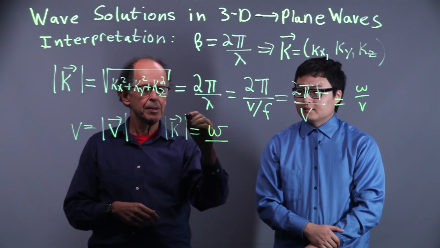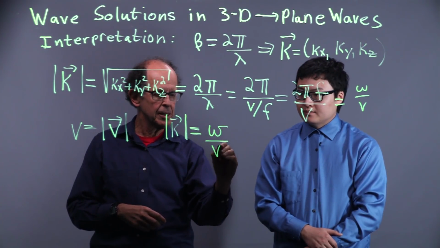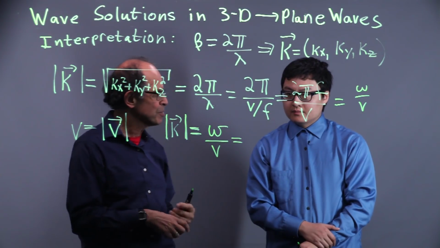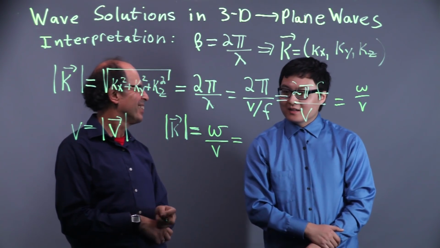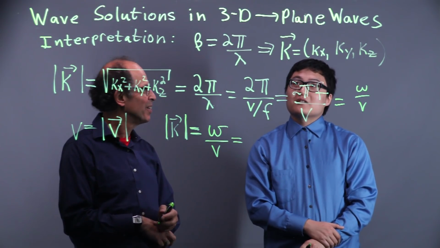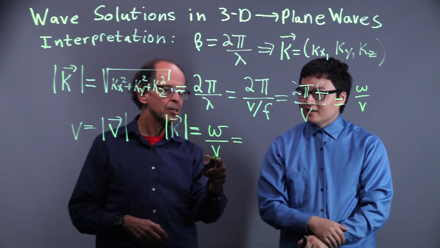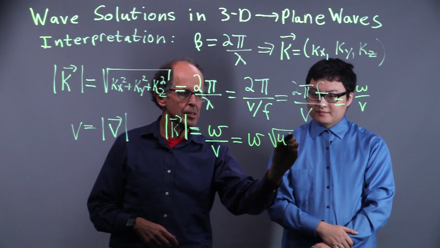Do you remember what 1 over v is in terms of mu and epsilon? 1 over the square root of mu epsilon, and it's in the denominator, so you put it up. So that's still good.